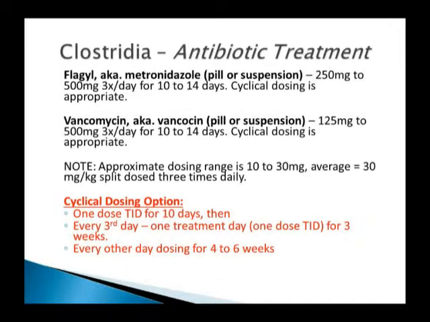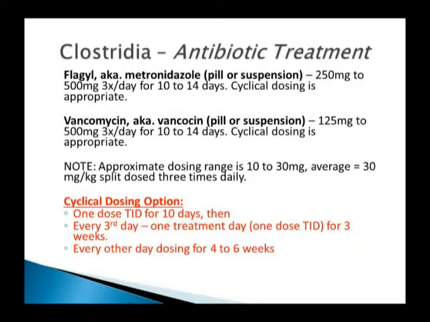So what we found is that if you hit the colony for a period of time, in this particular case I'll usually do vancomycin or Flagyl for about 10 days, and then rotate the treatment. You essentially do a treatment day every 3rd day for about 3 weeks. This seems to have, and has been having, a much greater effect at reducing the Clostridia.